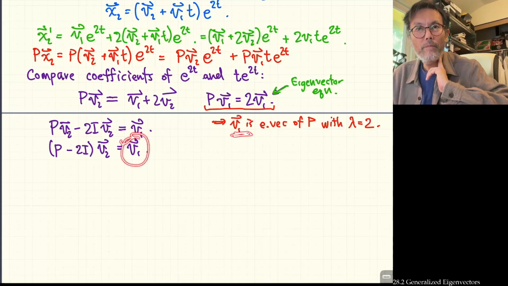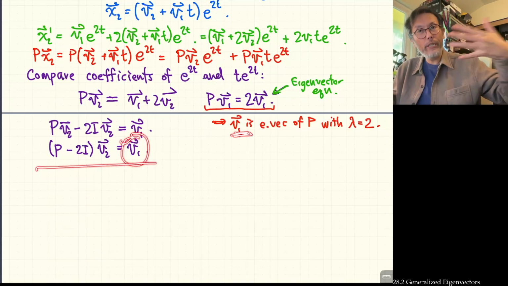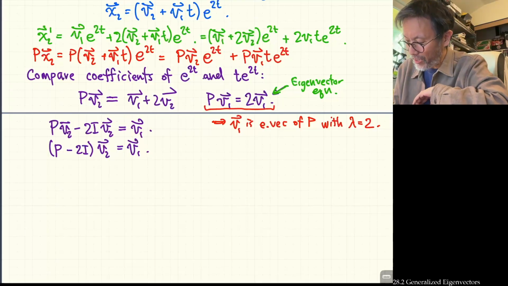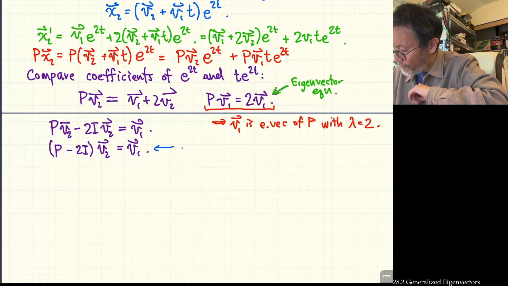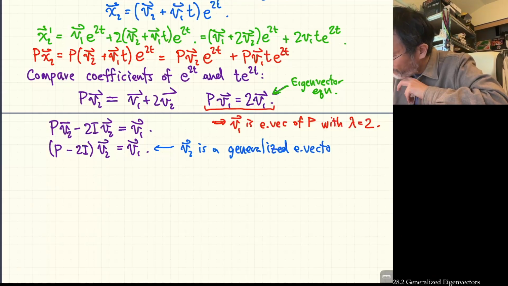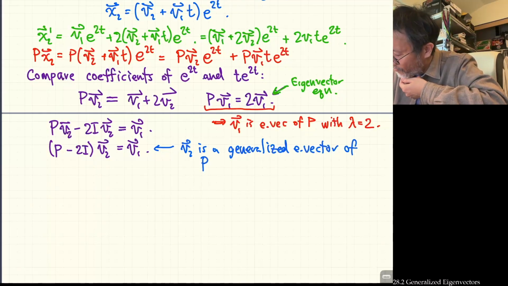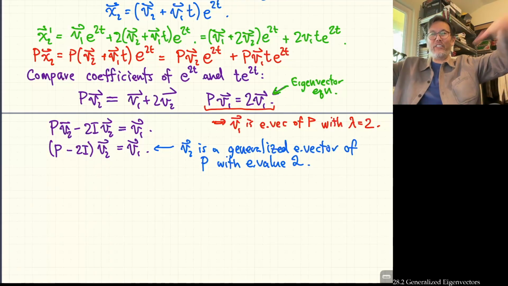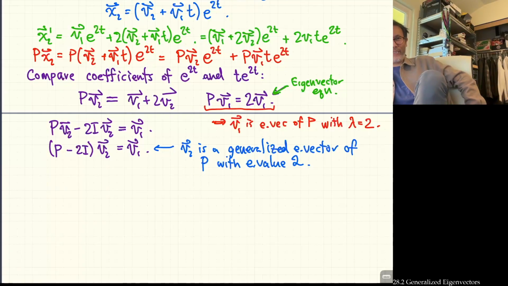And this ends up being a linear system that we know how to solve. In this situation, we say v2 is a generalized eigenvector of P with eigenvalue 2. It's not an eigenvector. It's something that generalizes the notion of eigenvector in some sense.